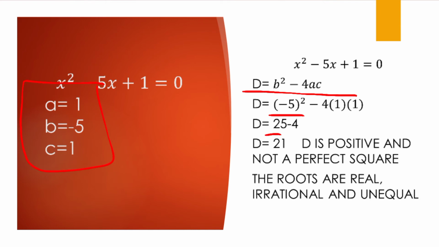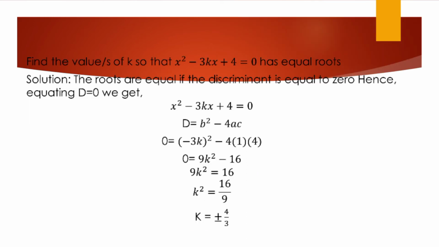Negative 5 squared is 25 minus 4 times 1 is negative 4. So, 25 minus 4 is 21. So, the discriminant is 21. It is positive but not a perfect square. So, therefore, the roots are real, irrational, and unequal.